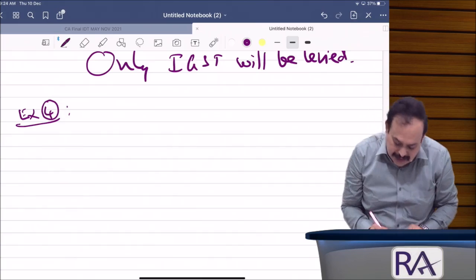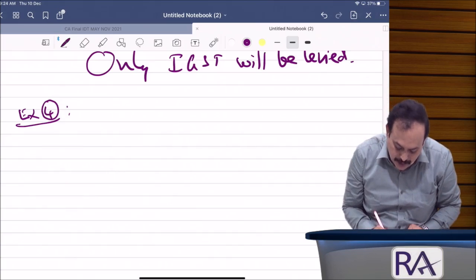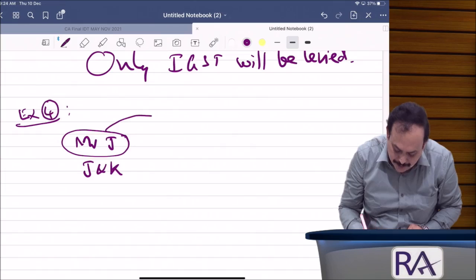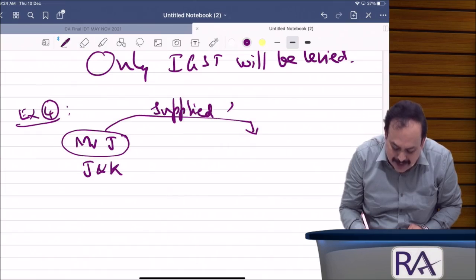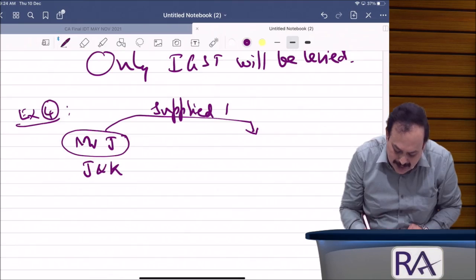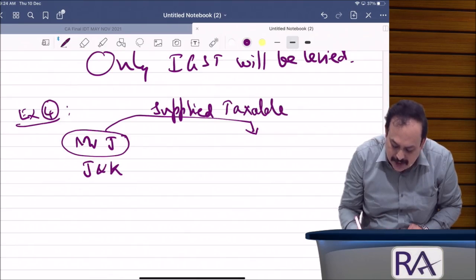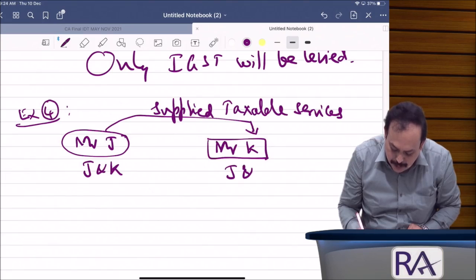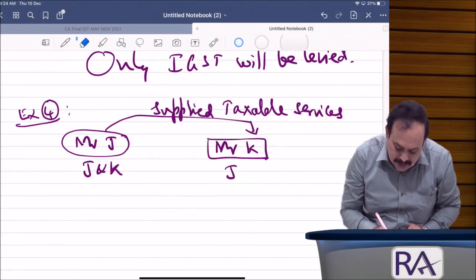Example 4, in even today's scenario: Mr. J of Jammu and Kashmir supplied taxable services to Mr. K of Jammu and Kashmir.